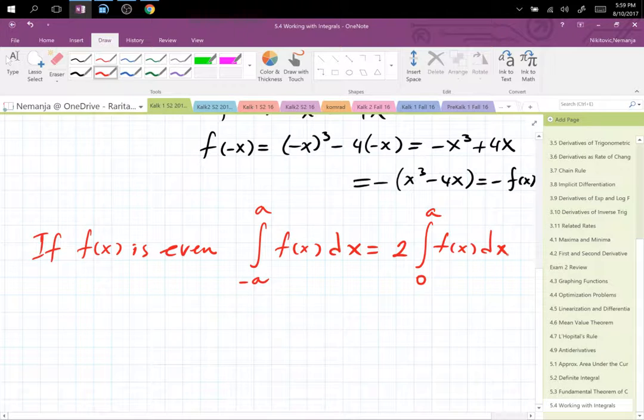So you still have to calculate the entire integral, but plugging in limits, it's easier to compute with 0 than with a negative number, negative a. So it's a convenience formula.